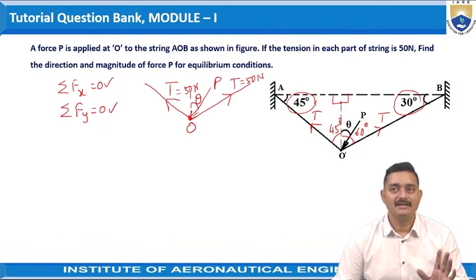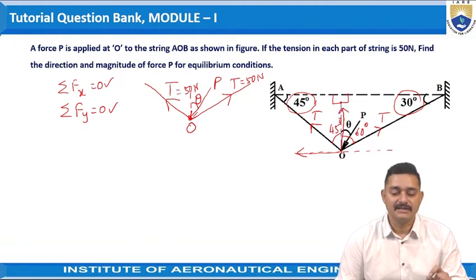Now the horizontal and vertical components of the given tension T can be drawn like this. The horizontal component is in this direction and the vertical component in this direction, and for the second tension also the horizontal and vertical components are drawn in this fashion.